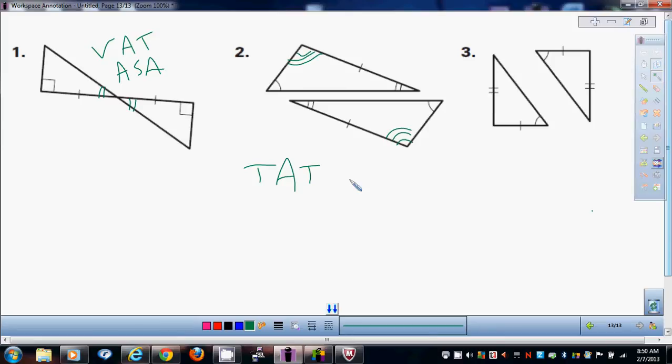Anytime you have multiple angles and one side, you will be able to use angle side angle as long as you routinely throw the third angle theorem in. If you throw that in every time you have two angles, then it doesn't really matter which angles you use.